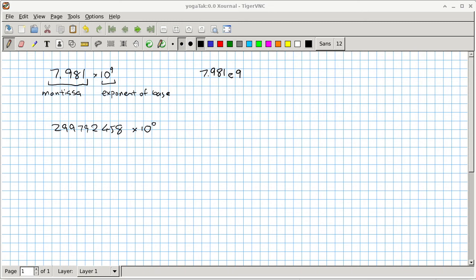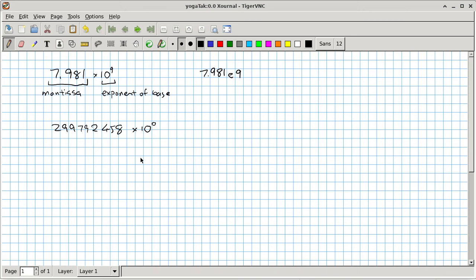So the question is, how do I change this portion to be between 1 and 9.99999 and still preserve exactly the same value? What do I need to do to the exponent of 10 to preserve the same value?